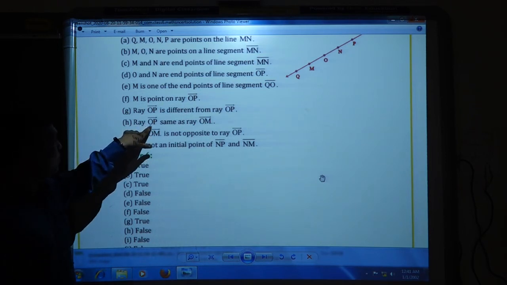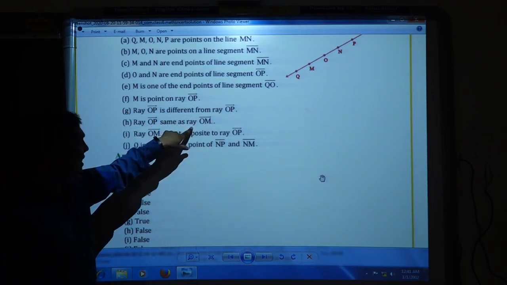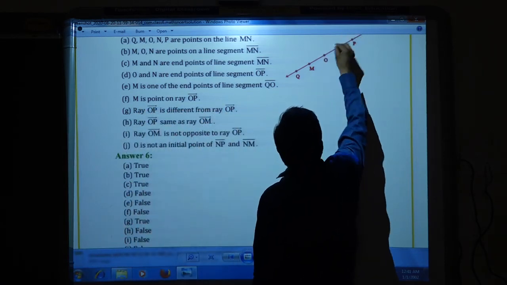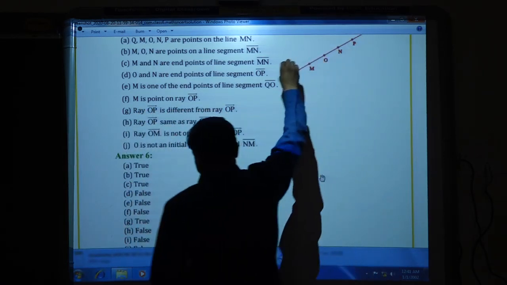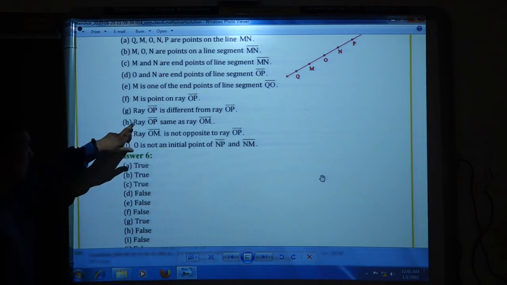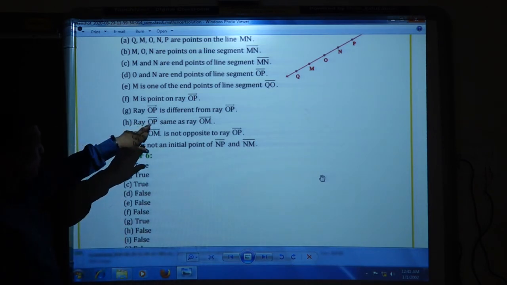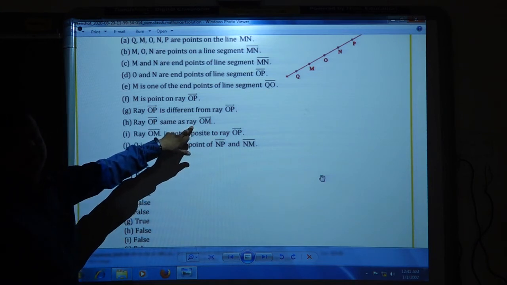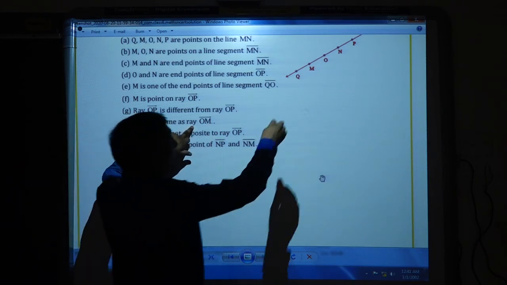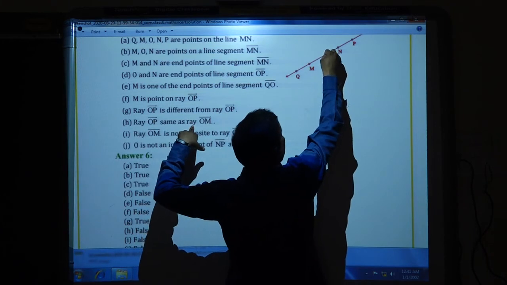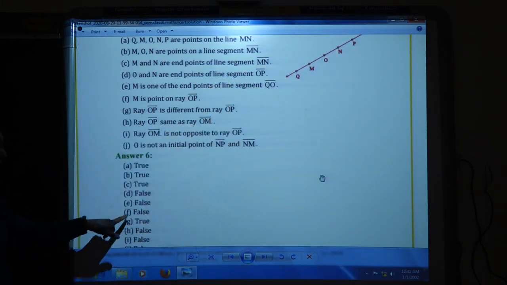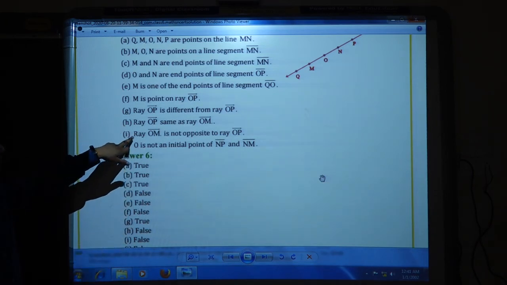Ray OP is the same as ray OM. Is it true? No, it is false. OM is opposite to OP, so that is not the same. It is false. H1. False. Next.